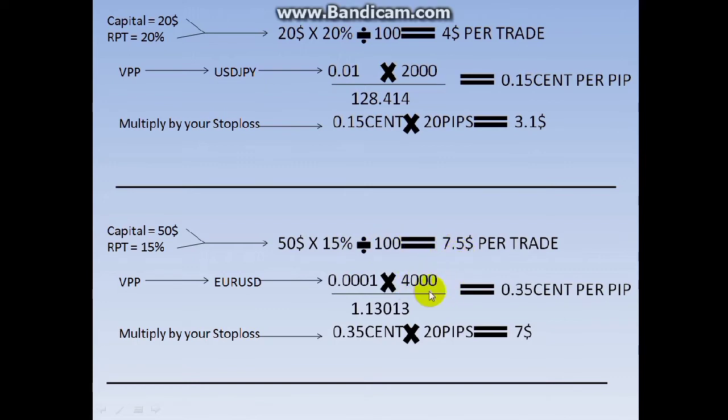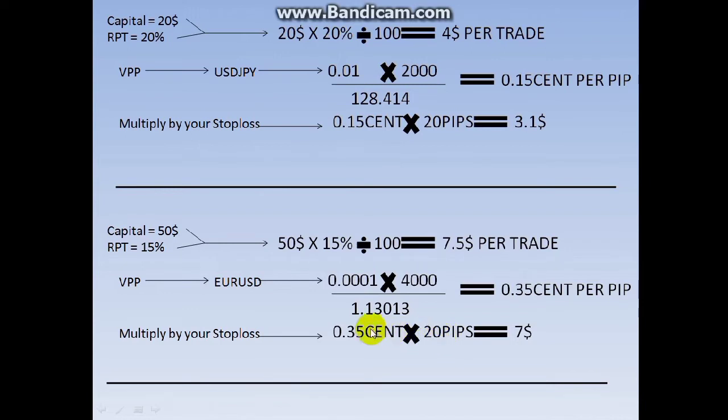The higher your stop loss, the lower your lot size. You should reduce your risk per trade if you have a small account. No matter what you do, your risk per trade should not exceed 15% of your capital.